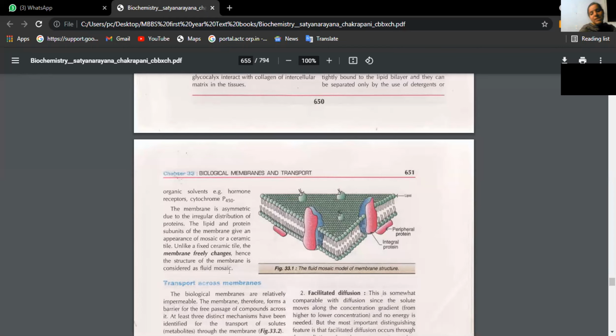So amino acids are transported to ribosomal RNA, and the amino acids will be allowed to get attached with the help of peptide bonds to form a polypeptide chain. Anyhow, we will discuss the details of this when we do translation. Okay, the function of tRNA is to transfer the amino acids from the cytoplasm to the site of protein synthesis, that is ribosomes, ribosomal RNA.